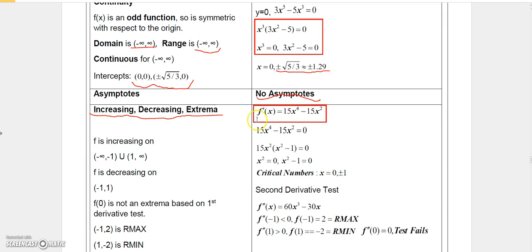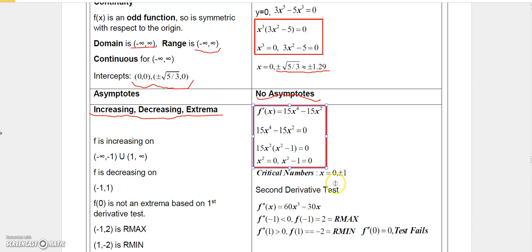After we do that, we set it equal to 0, and then factor out the common factor, which gives us 15x squared times (x squared minus 1). Then we set x squared equal to 0, or x squared minus 1 equal to 0.